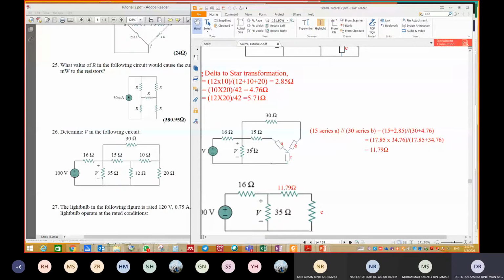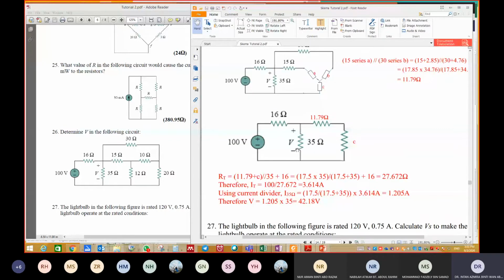Then redraw. This is 11.79 and then connected with R_C. Now we can solve V by using the voltage divider principle or the current divider principle.